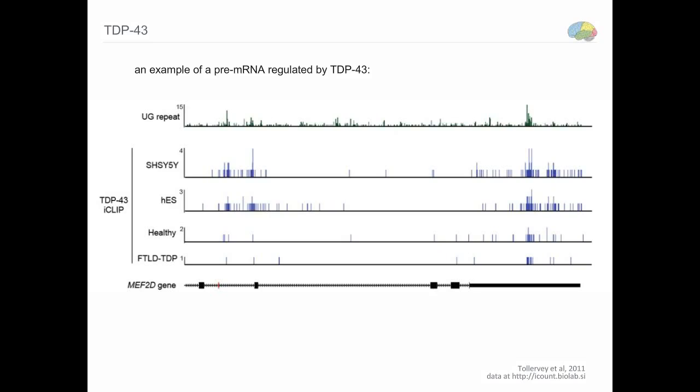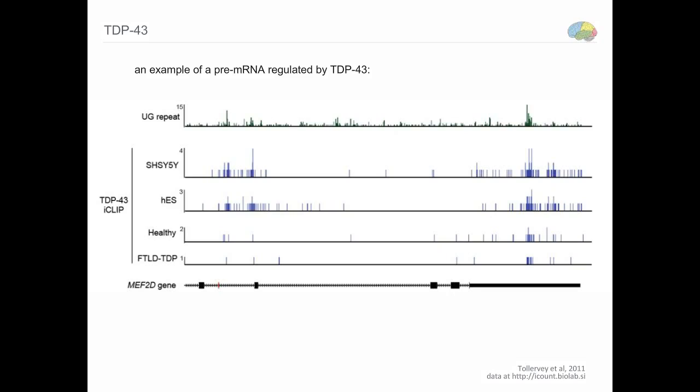So the bigger blocked regions are the exons, and then the arrowed thinner lines are the introns. And here we have an alternative exon that is being regulated, in red, and TDP43 promotes inclusion of this exon.